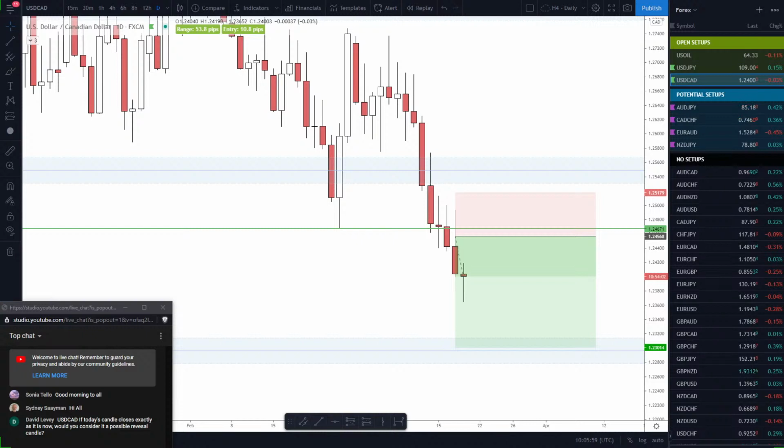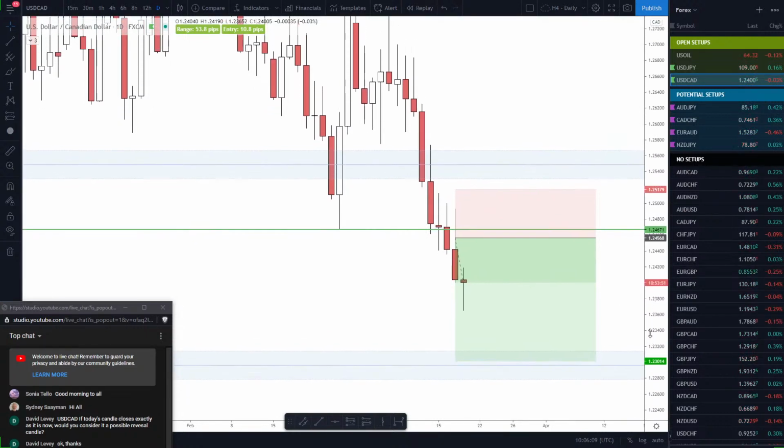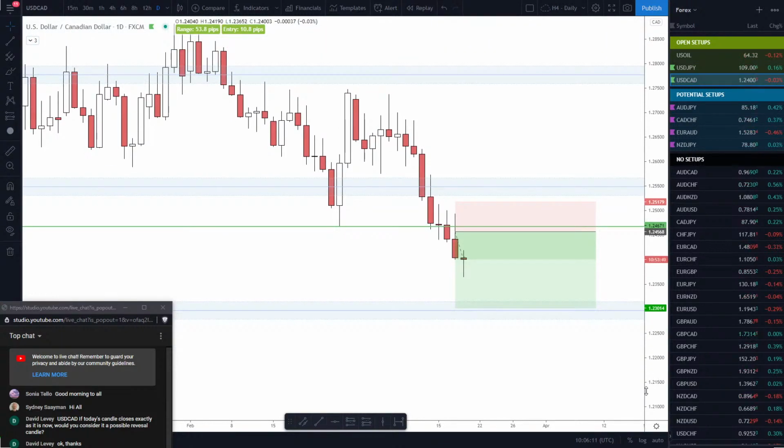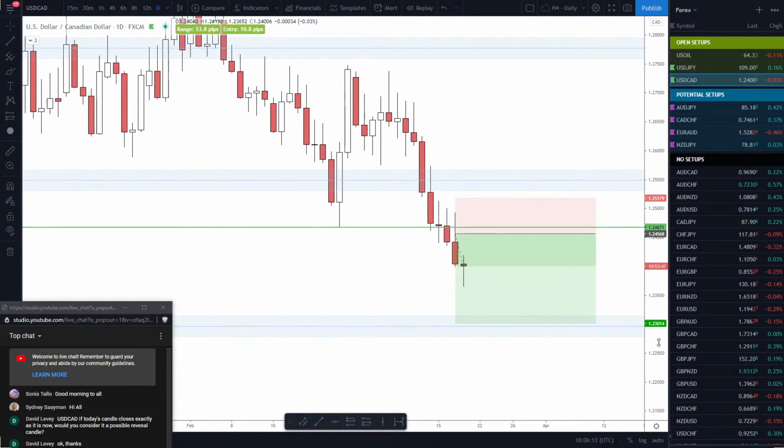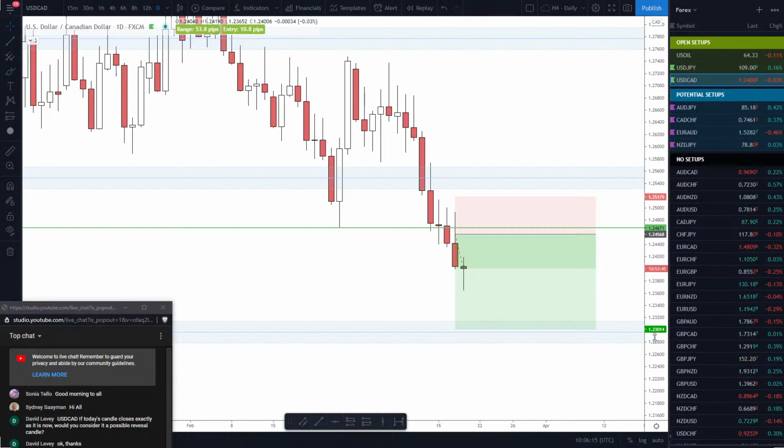I don't really look at candles, like I said, as reversal candles, because there's no such thing as a reversal candle, in my opinion. There's just indecision.